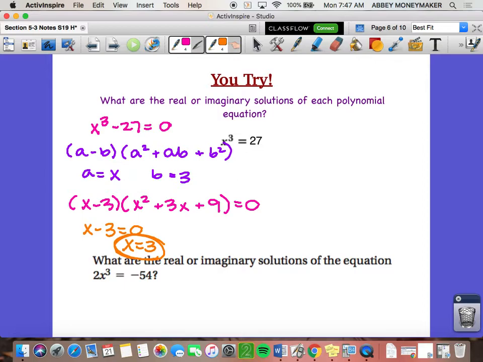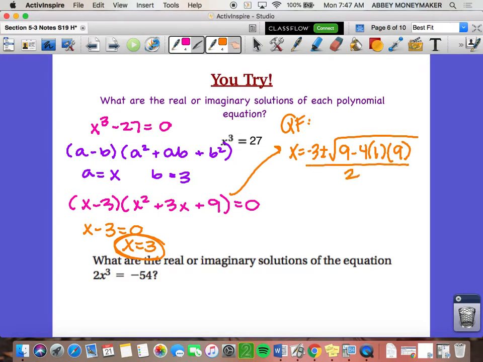And then, is there something that multiplies to give me 9 and adds to give me 3? No, so what am I going to do with this equation? I'm going to have to use the quadratic formula. So x equals negative b plus or minus the square root of b squared minus 4 times a times c, all over 2a.